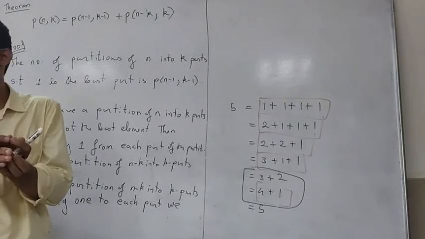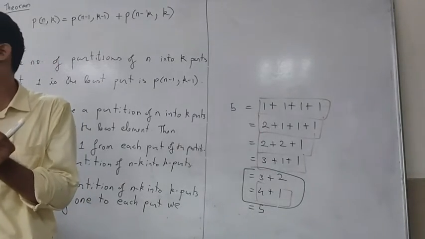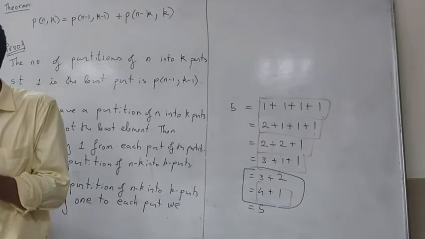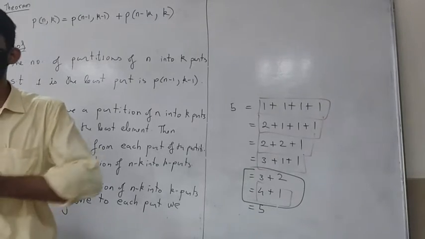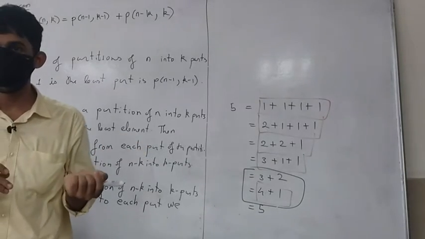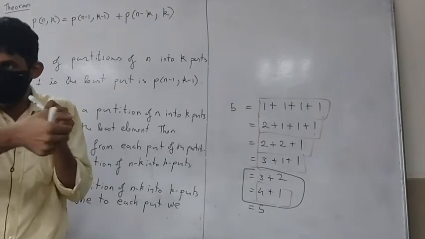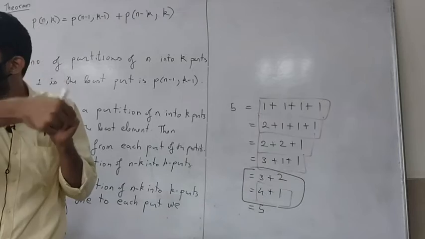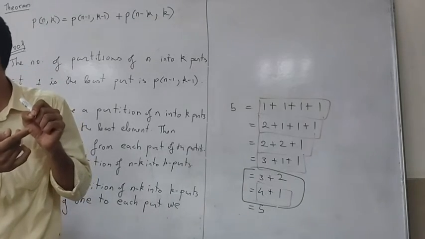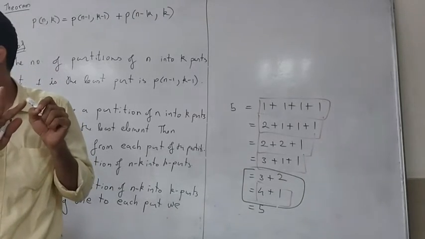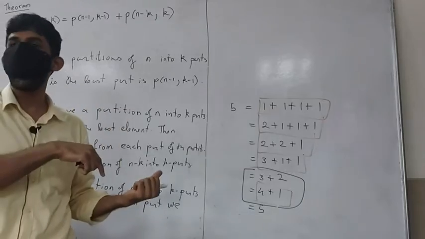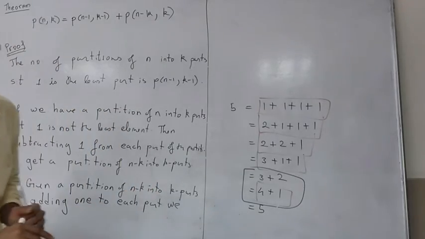By adding 1 to each part, what will we get? A partition of n into k parts, right? You are adding 1 to each part. You have a partition of n minus k into k parts, you add 1 to each part. How many ones have you added? K ones, right? So you're going to get a partition of n into k parts.